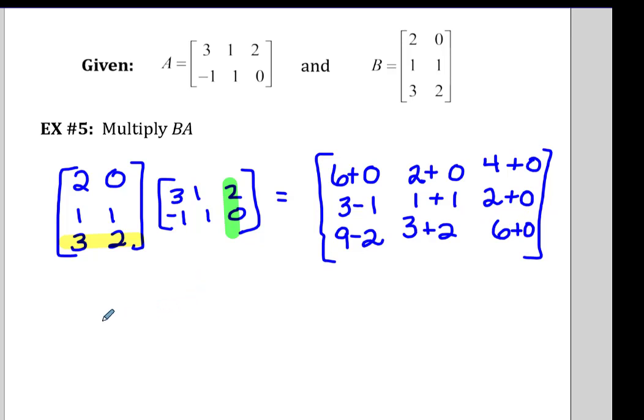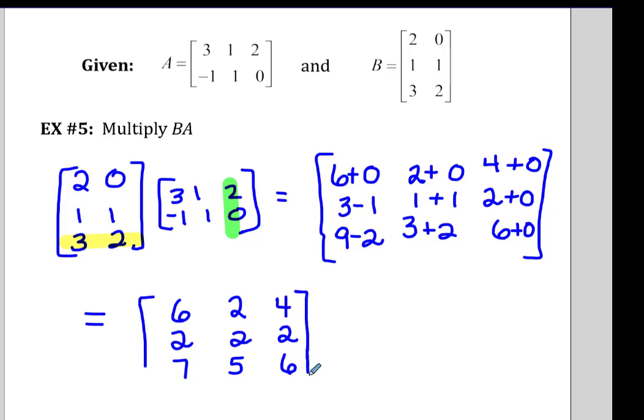So our B times A product: row 1, 6, 2, and 4; row 2, 2, 2, 2; and row 3, 7, 5, 6.